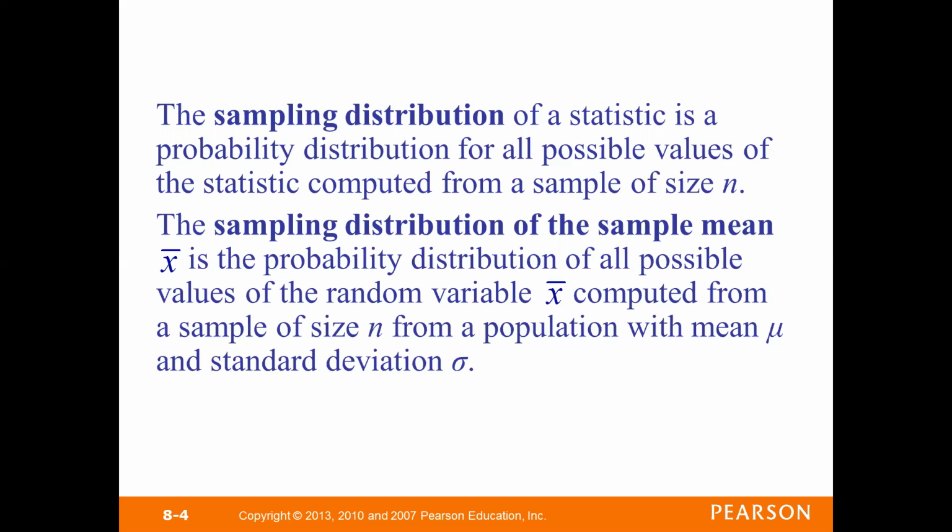In a similar fashion, when we take a random sample and we look at the sample standard deviation, we're approximating the standard deviation for the population by that sample standard deviation. Again, statistics are data obtained from a sample. They are used to estimate parameters or characteristics of a population.